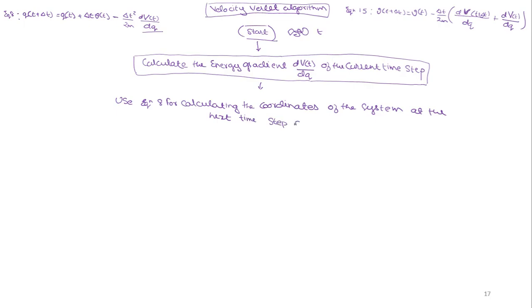That is, the positions of atoms at the time when delta t has passed, when your system has reached q of t plus delta t. Okay, so this is what we do. This is where we begin.